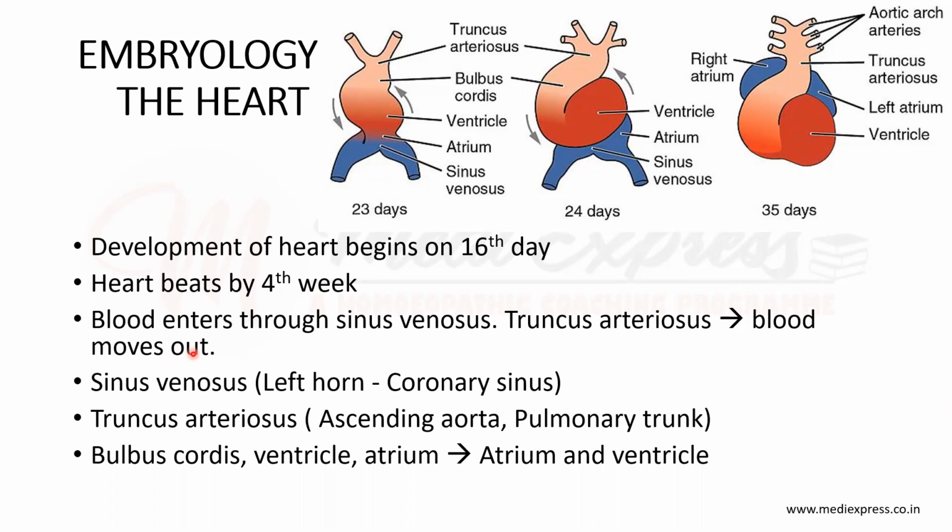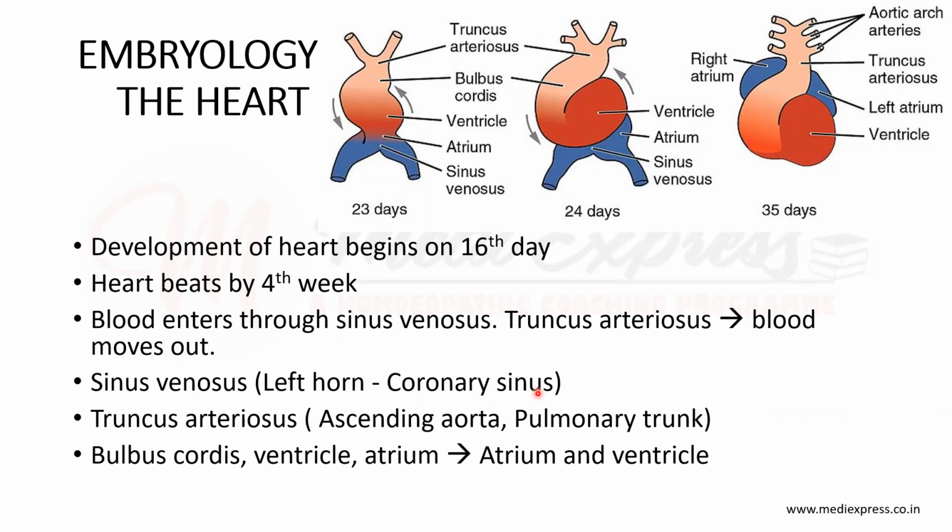Now, coming to another piece of information regarding the right and the left horn. Over time, what happens as the sinus venosus is already supplying the blood? After some time, the venous return shifts to the right side of the heart, and because of that, the left sinus horn will recede, and then the left sinus horn will form the coronary sinus. So once again, I'll repeat: the venous return will shift to the right side of the heart.